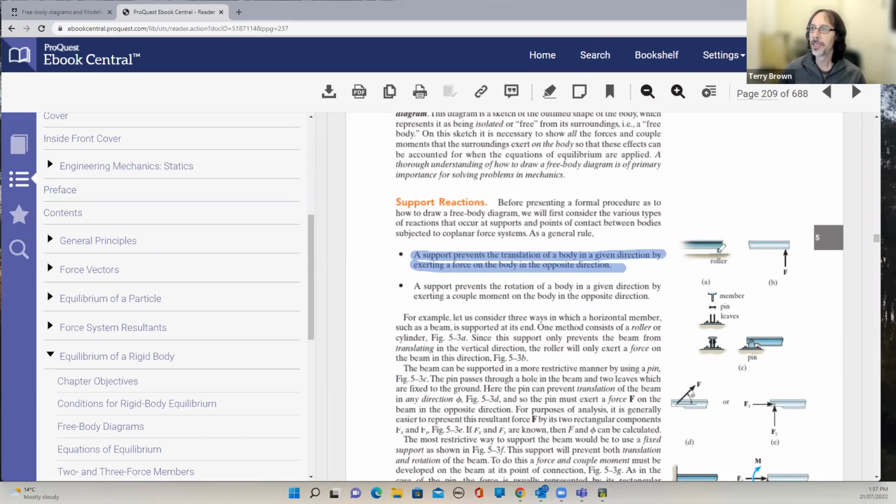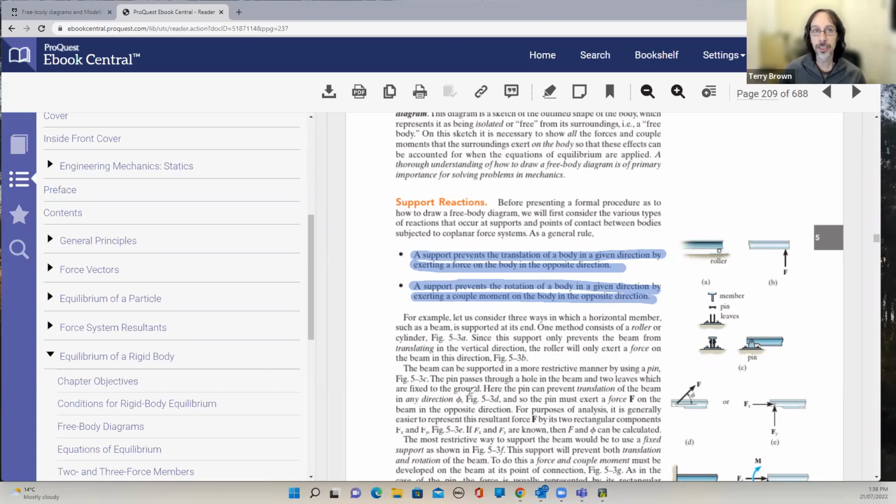Okay, so here we see a roller that prevents this body above it, this end of the beam here, from being able to move downwards. So there must be this force opposite to react against that. And the other statement is if the support prevents rotation of a body, then a couple moment or a reaction moment is generated at that location.